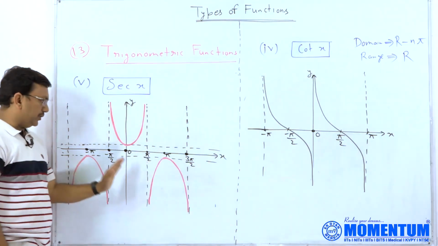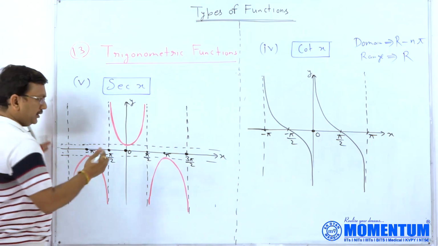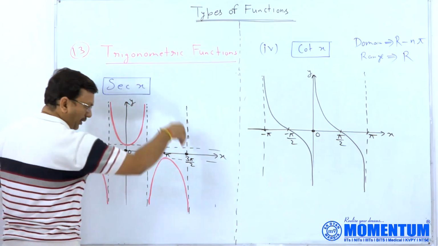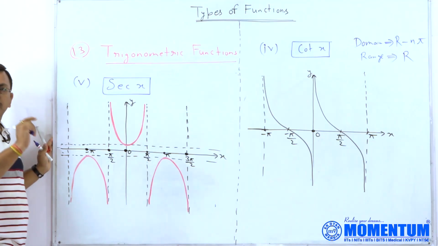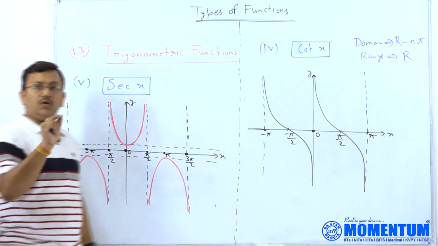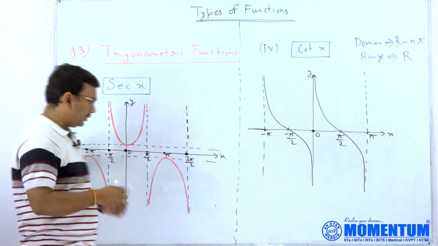Once again the graph is going towards infinity. Where? At pi by 2 infinity, 3 pi by 2 infinity. So pi by 2, 3 pi by 2, they are what? They are odd multiples of pi by 2.